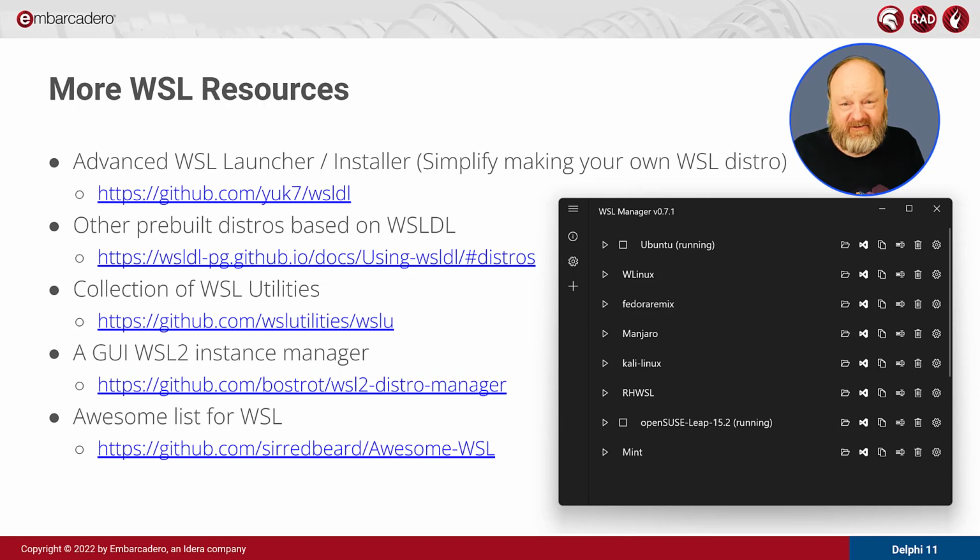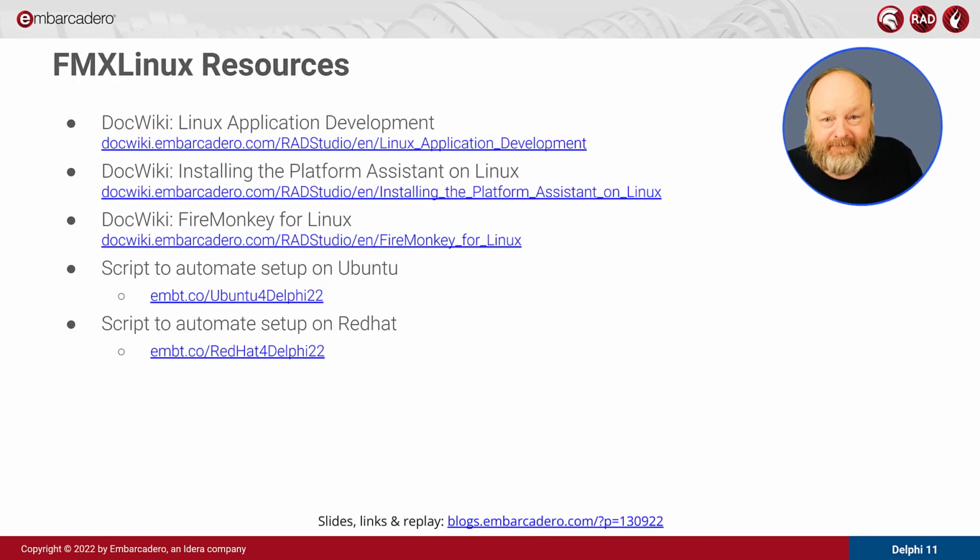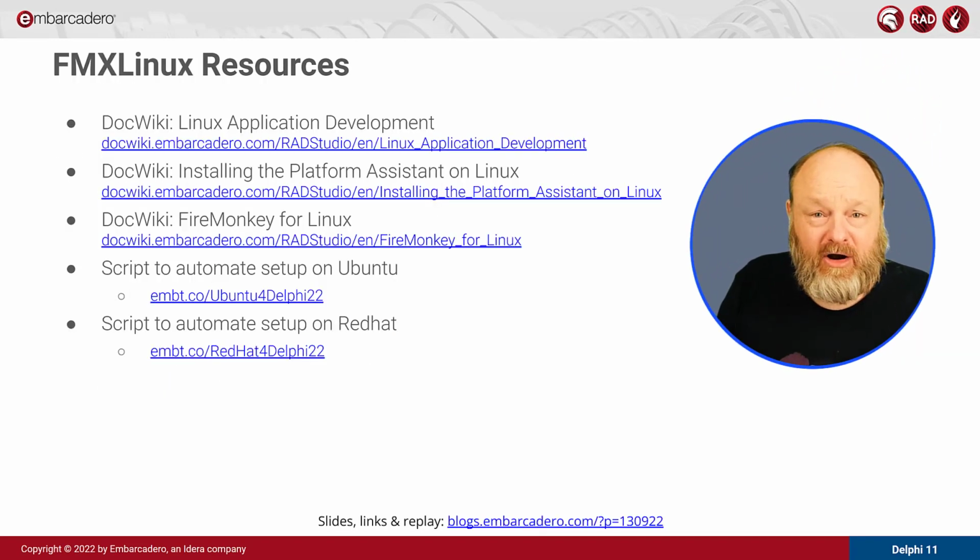Then there's a collection of WSL utilities and a GUI for managing it, which you see a screenshot for here. Makes it easy to manage your distros. And lastly, there is the awesome list for WSL, which is just a collection of links and details and utilities for WSL. And here are some FMX Linux resources.